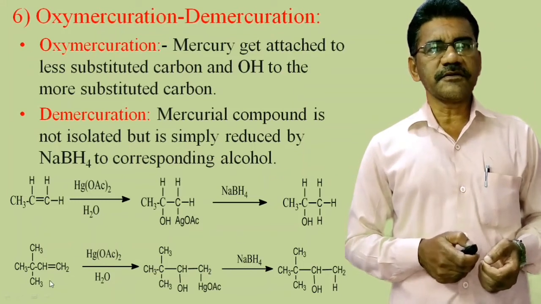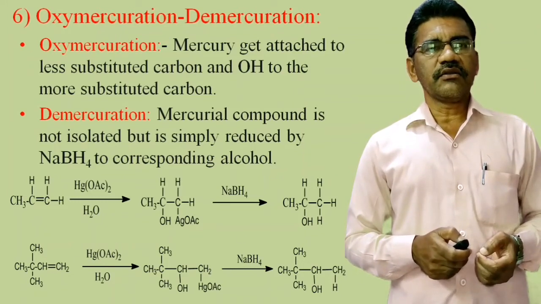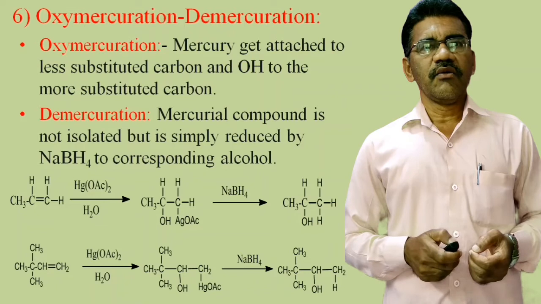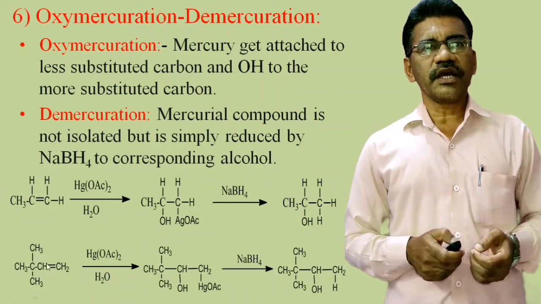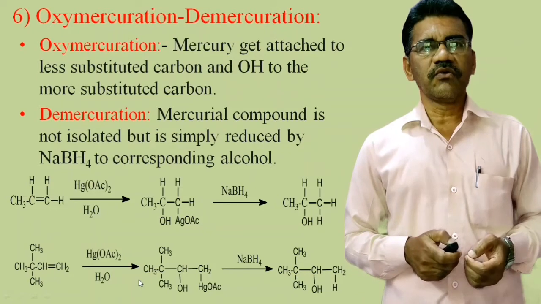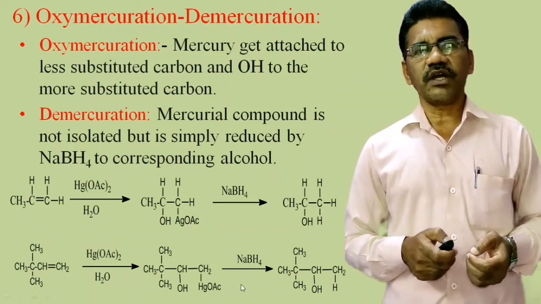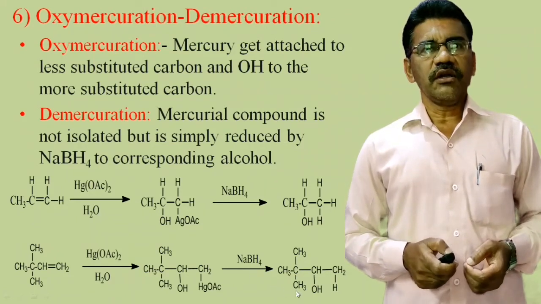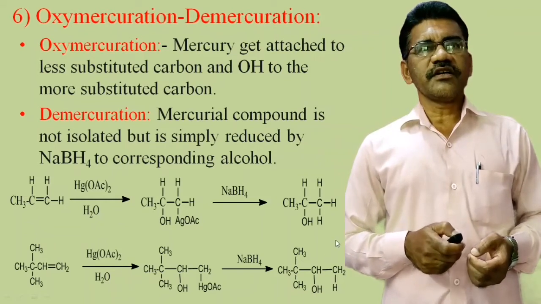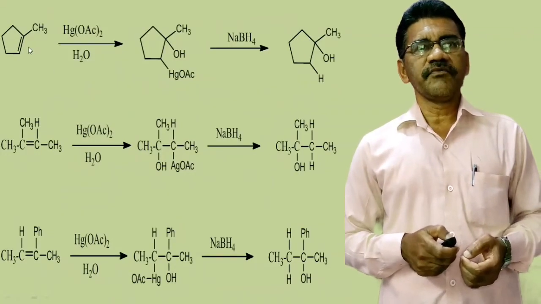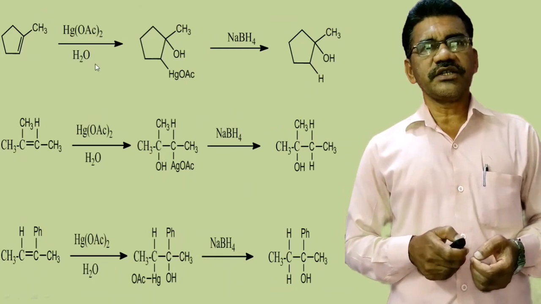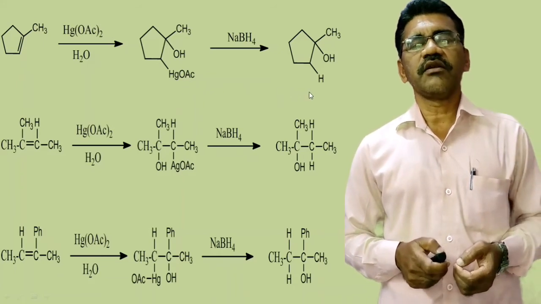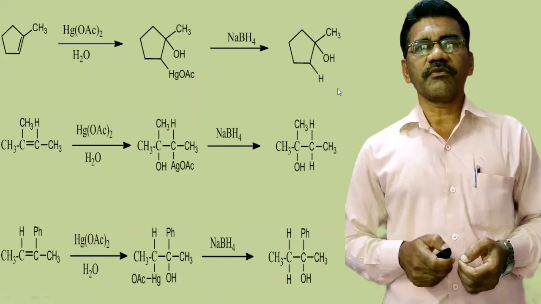The next example is 3,3-dimethyl-1-butene, which reacts with mercuric acetate in presence of water to produce a mercurial complex, and this mercurial complex is then reduced to the alcohol. These are the examples. First, 1-methylcyclopentene reacts with mercuric acetate in presence of water to form the mercurial complex, and the mercurial complex is then reduced by using sodium borohydride to form the alcohol.